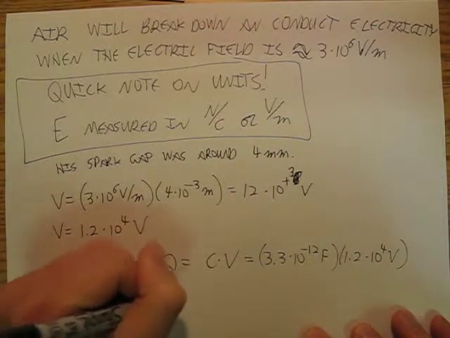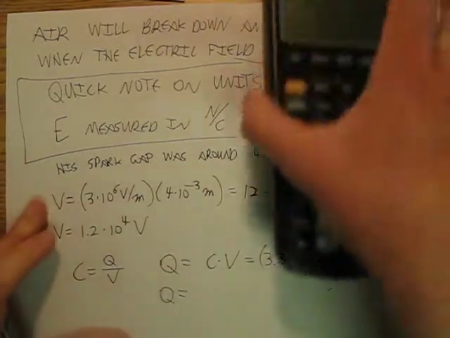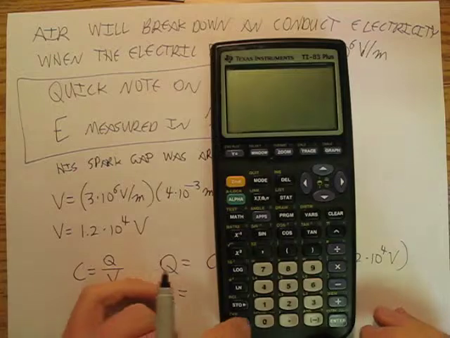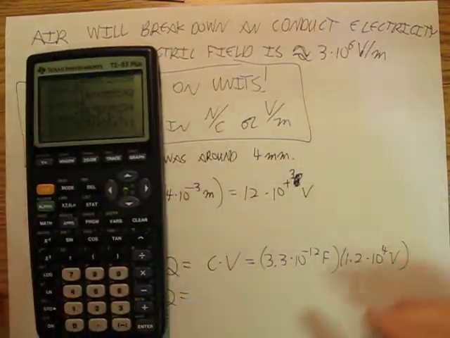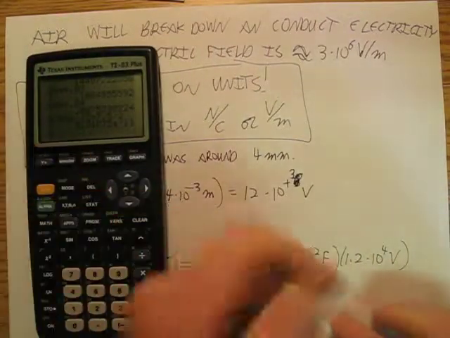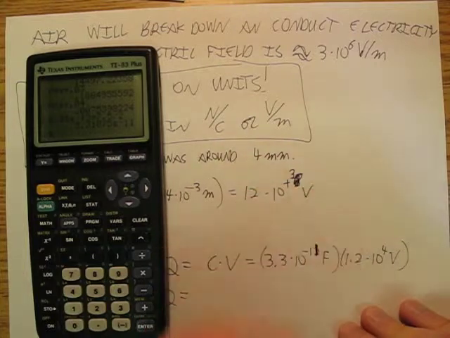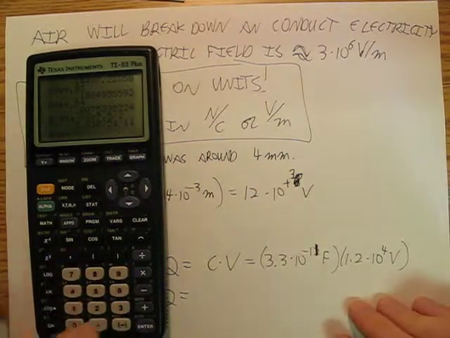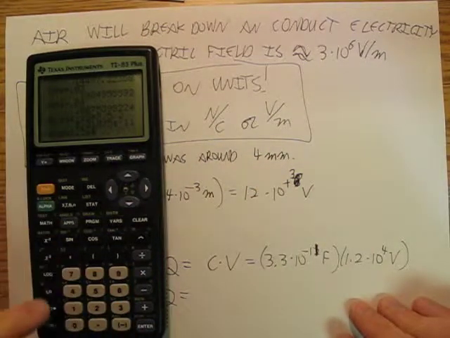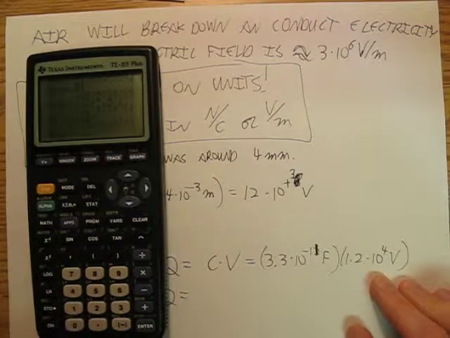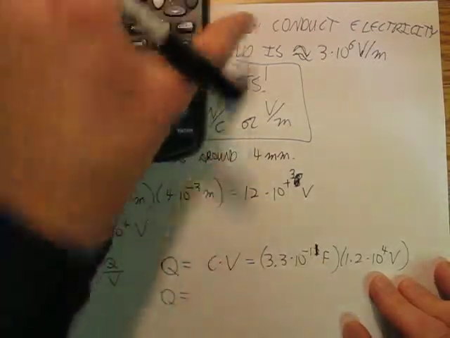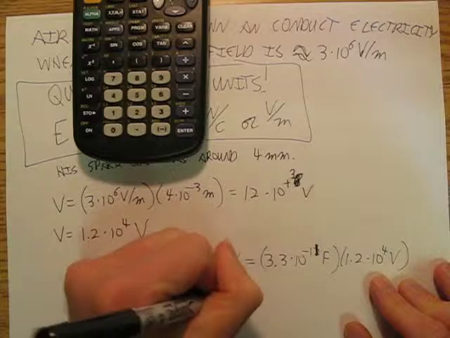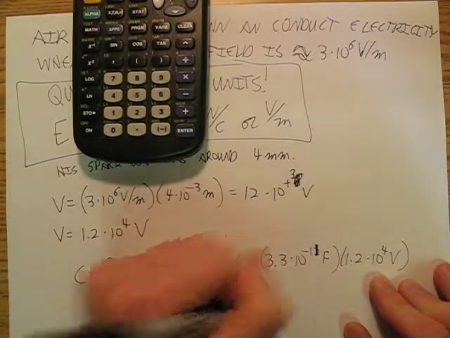So his Q that he was building up was about 4 times 10 to the negative 7th coulombs.